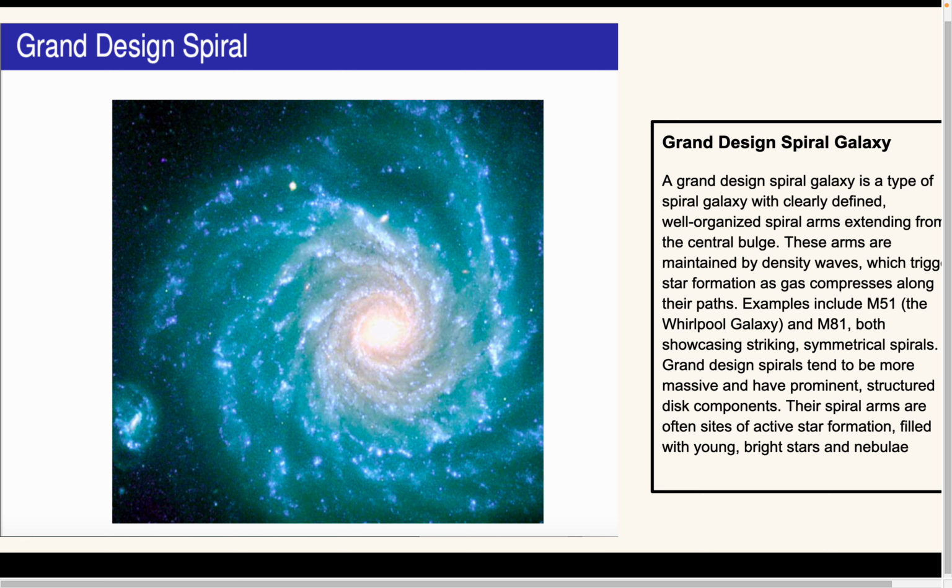Grand design spirals tend to be more massive, with more prominent structure of gas component, and a bluer color, because as there are more spiral arms, there is more formation of O or B type stars, so you will see the bluer color. The spiral arms are sites of active star formation filled with young bright stars, nebulae, or star formation sites.